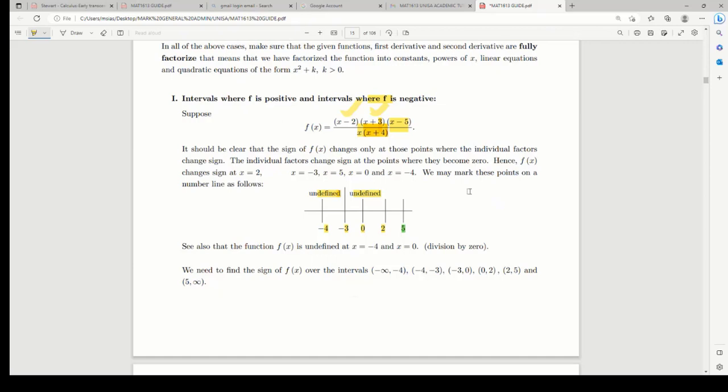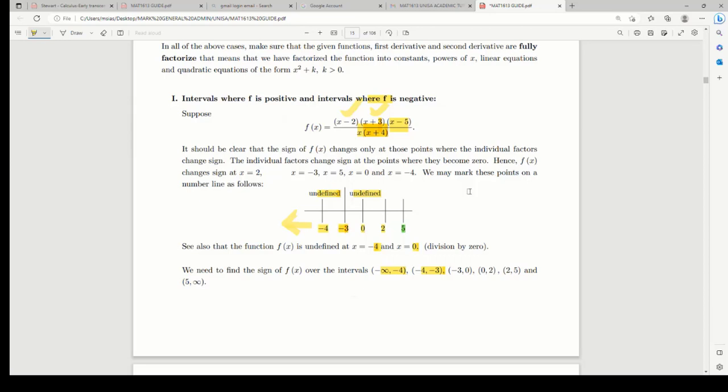So the function, as I said, is undefined at -4 and 0, because you can't divide by 0. And the intervals that we'll be looking at, well, obviously it's the open interval from -infinity to -4, because it goes on here to the left, right? And we will also look at the open interval between -4 and -3, what's happening here?